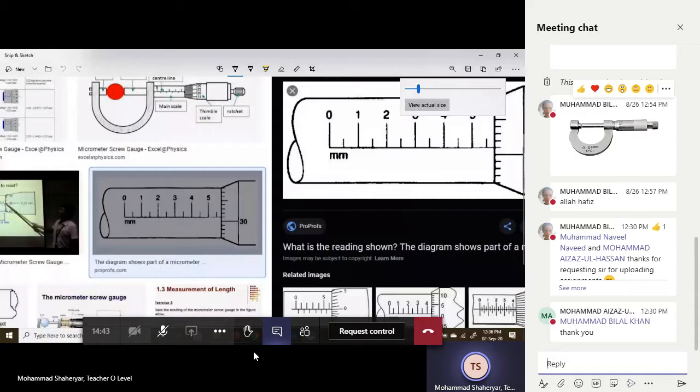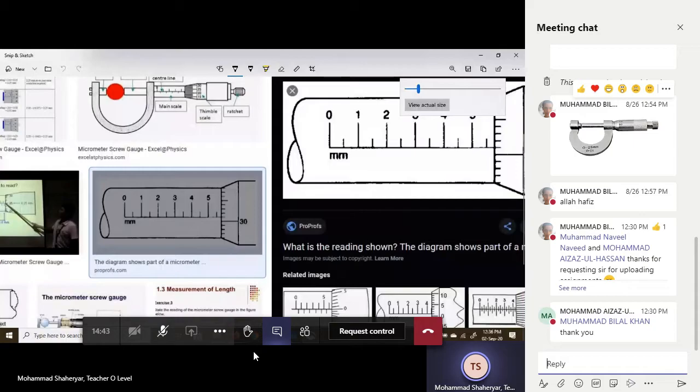Okay, so let's start by looking at another example. Tell me its reading. ये वाले की reading बताइए. On the top right, you can see it. 5.5 and the second reading is 0.18.